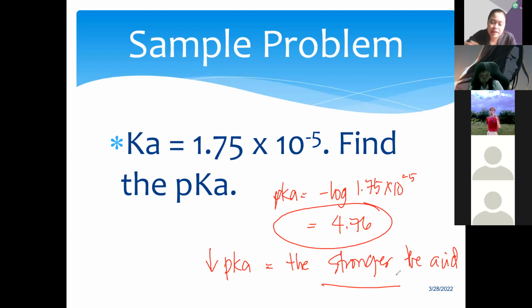You saw there that it has a strong smell. It actually releases fume. It's a strong acid, so definitely if you are going to compute for the pKa of that, you will get a low value of the pKa. Again, the lower the pKa, the stronger the acid will be. That's how you interpret the pKa results.